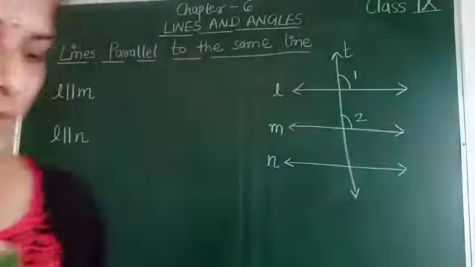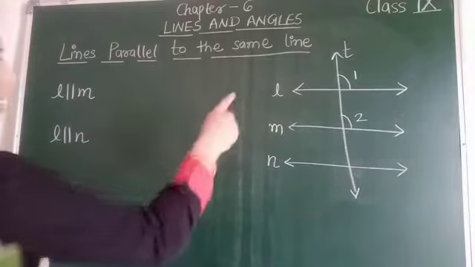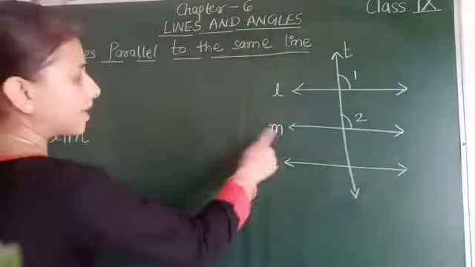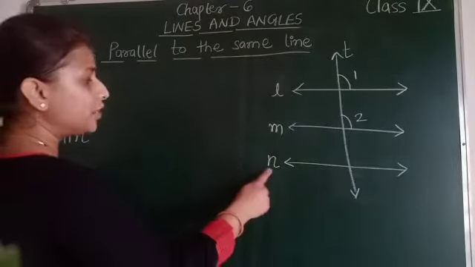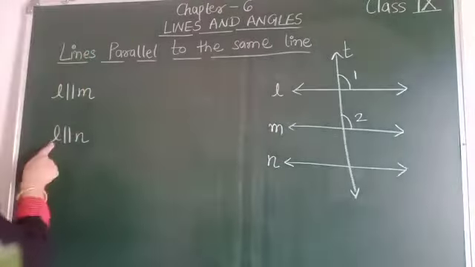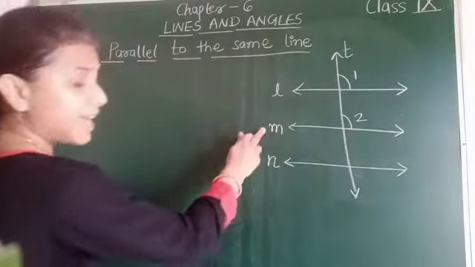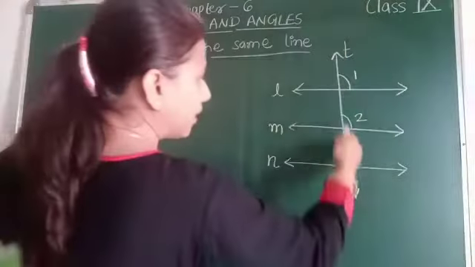We will see, student, if two lines are parallel to the same line, will they be parallel to each other? Let's check it. As you can see in this figure, line L is parallel to line M. It is given. And line L is parallel to line N also. To check whether line M is parallel to line N or not, let's draw a transversal.